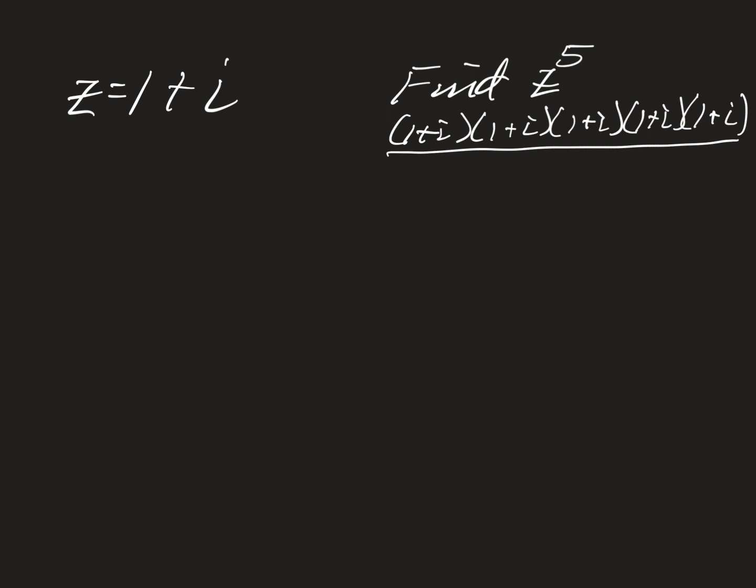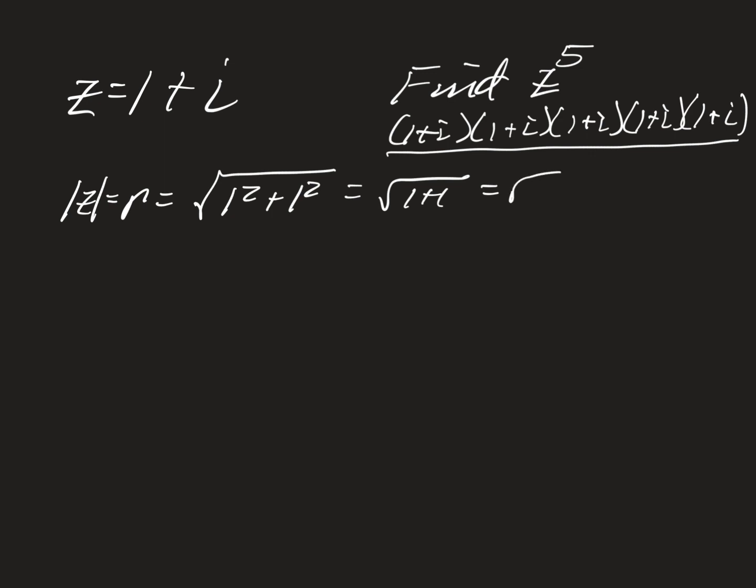So what we want to do is just convert z to polar form. So r, which is the modulus of z, that'll be the radius in this case, is the square root of 1 squared plus 1 squared, or square root of 1 plus 1, which equals square root of 2. And then theta is equal to the inverse tangent of b over a, which is 1 over 1, or the inverse tangent of 1.